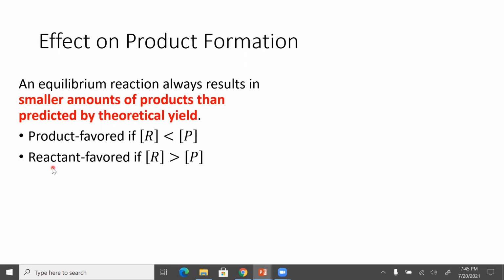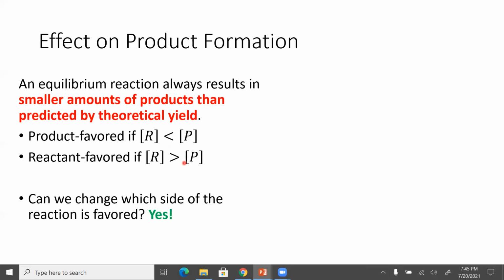We say that the reaction is reactant favored if it doesn't proceed very much before reaching equilibrium. So we end up with a lot more reactant at equilibrium than product at equilibrium.